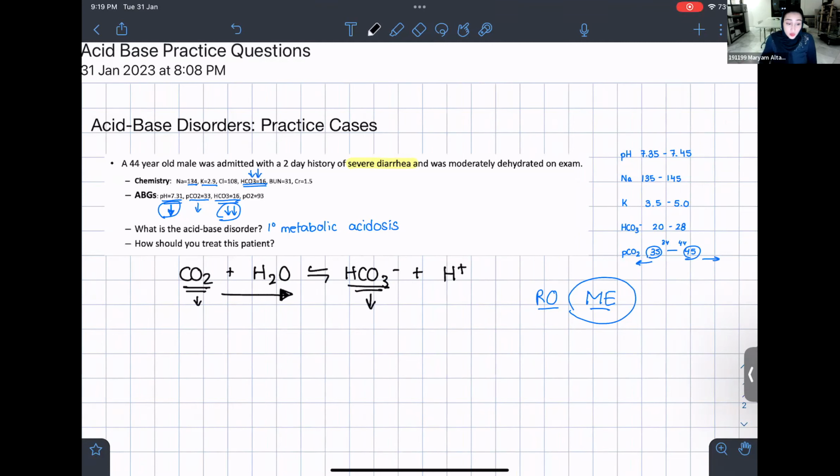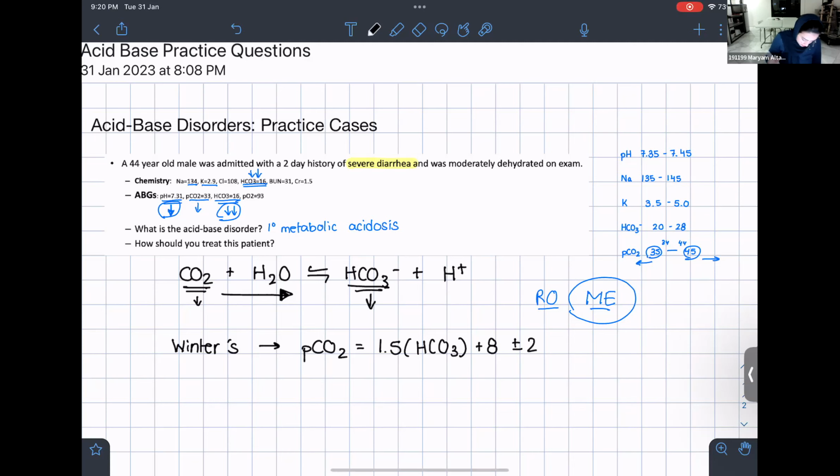By using Winter's formula. Winter's formula tells you PCO2 compensation should equal 1.5 times your bicarb, plus 8, plus or minus 2. Okay, but what's our bicarb?